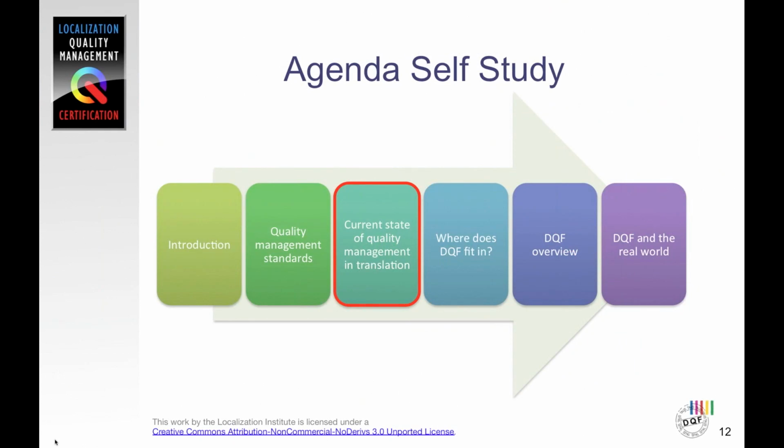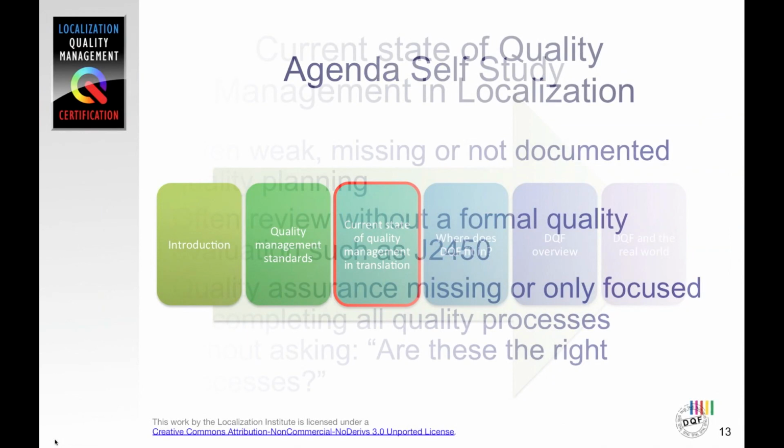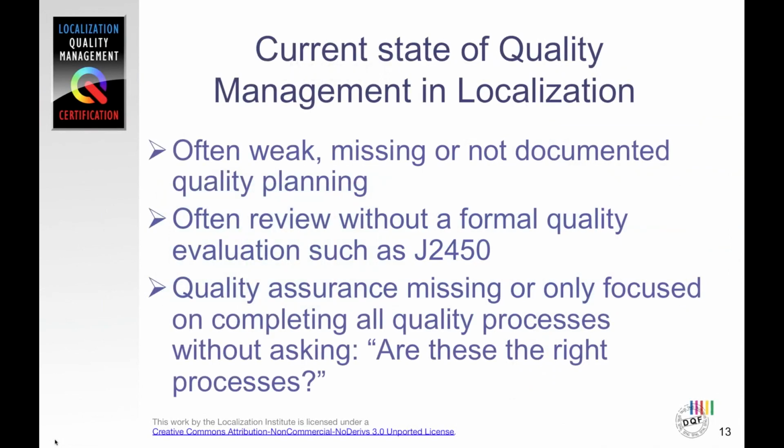Having reviewed the different quality management standards, we look closer at the current state of quality management in translation. The reality is that quality planning is often either weak, not documented, or completely missing. I see many examples of quality review without a formal quality evaluation, such as the J2450.